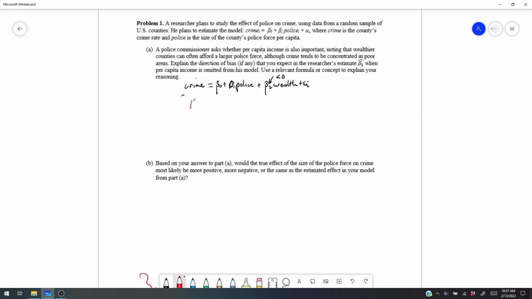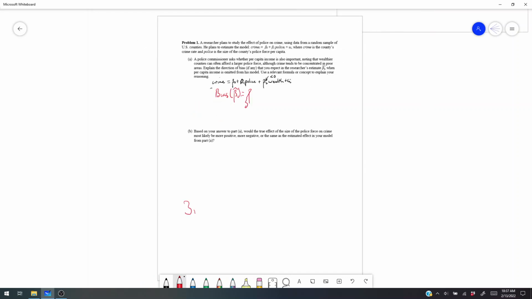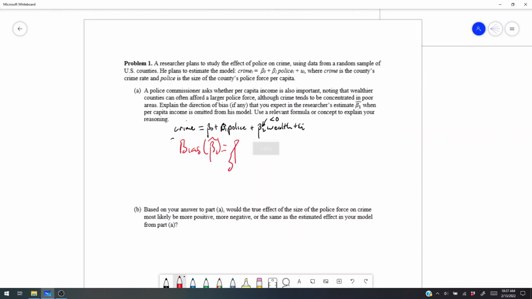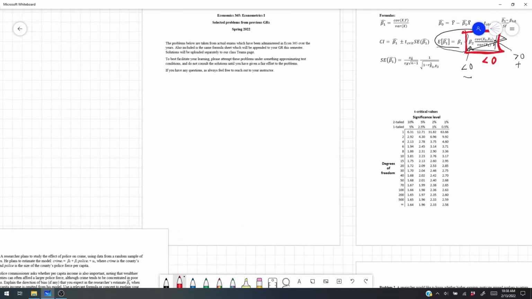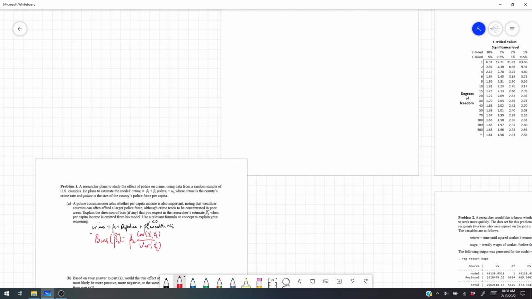The bias. What can I tell you about the bias? Well, the bias of beta 1 hat is equal to, it was beta 2 covariance of x1, x2 divided by variance of x2. Was it x2 or x1? Does it matter? It doesn't matter because they're both positive. See, it's x1.